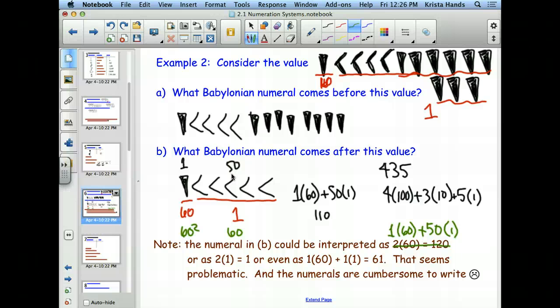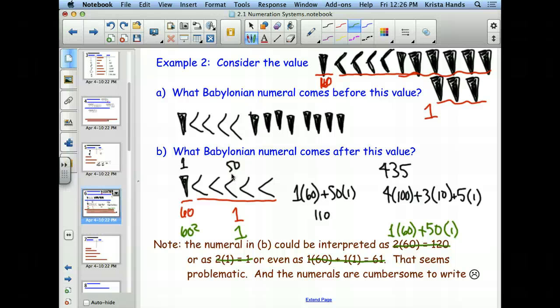Or worse yet, none of these numbers match, just ignore this. Or worse yet, what if this is the ones place, and that's the 60 squareds place, and they just don't have any 60s? Again, if we don't have any 10s, we would put the 0 there. Well, they don't have anything to hold that place and to indicate that there's something missing, that there's a gap. Do you guys follow with me?